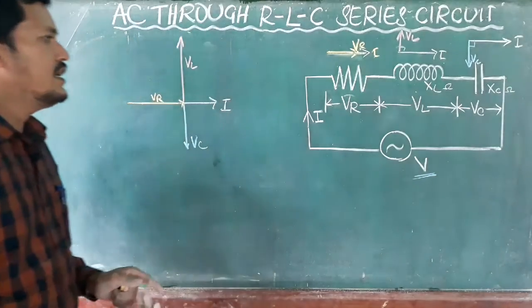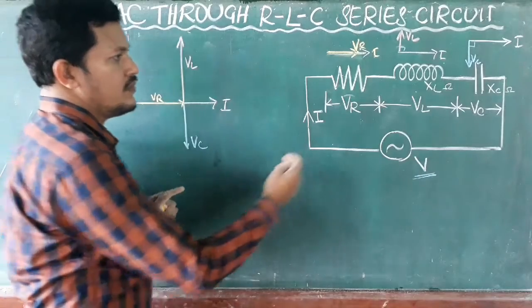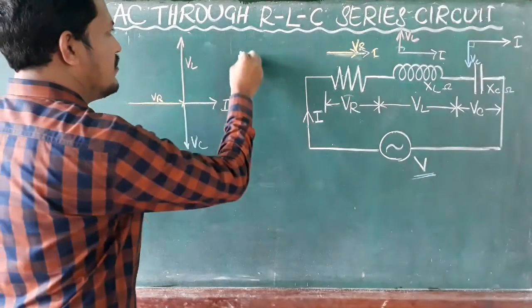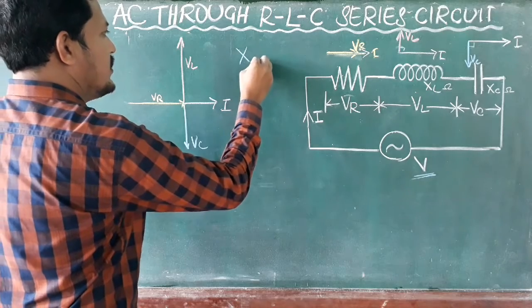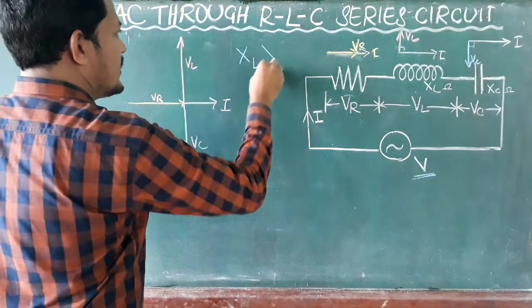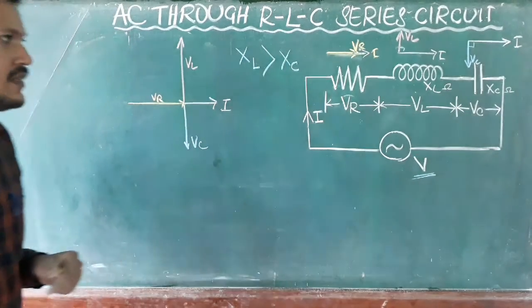How to find it? We have to imagine one point. Now I imagine the XL value and XC value. I imagine that the inductive reactance XL of the inductor is greater than the capacitive reactance. Clear?